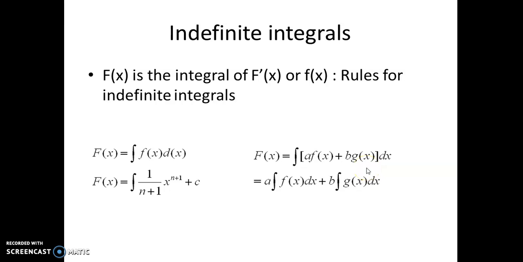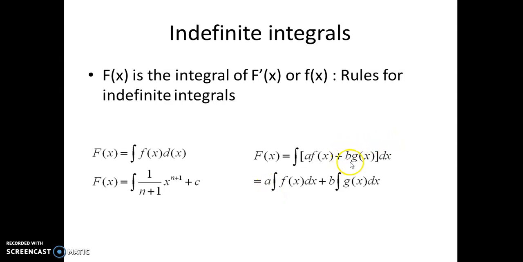So let's start with dealing with the constant multiple of a function. So if you have the integral of a constant multiple of a function, then in order to obtain that integral, you would need to integrate the function and then multiply by the constant.